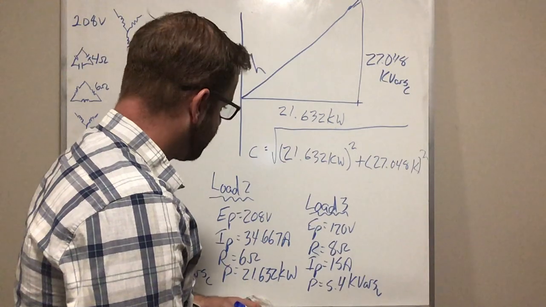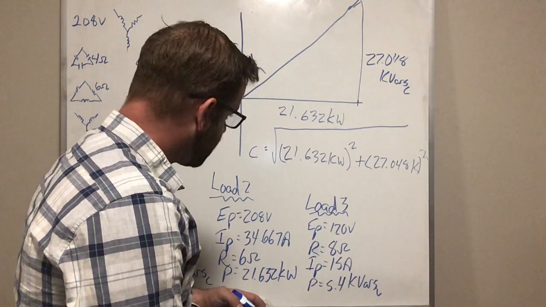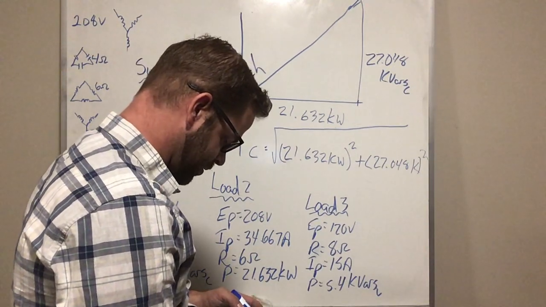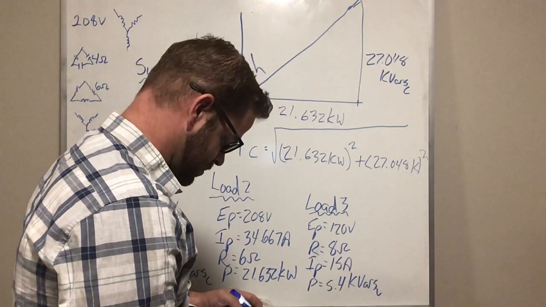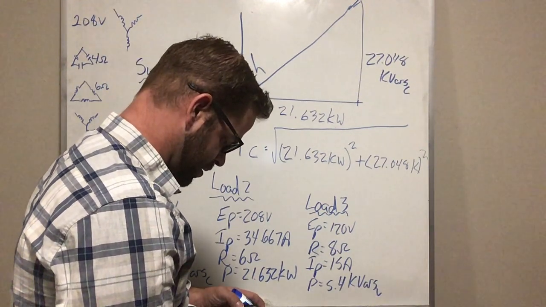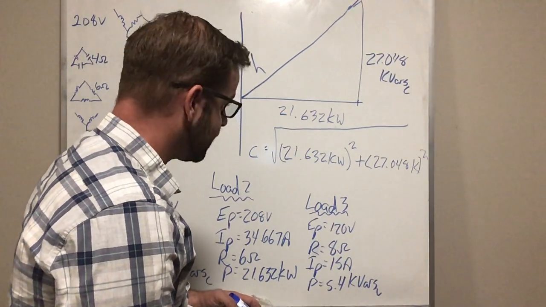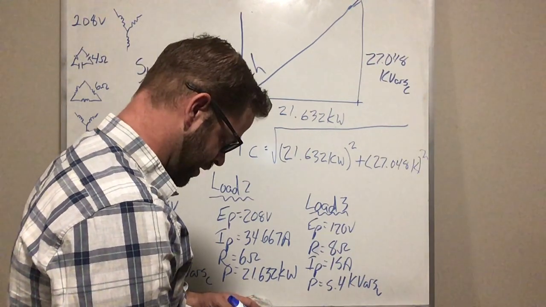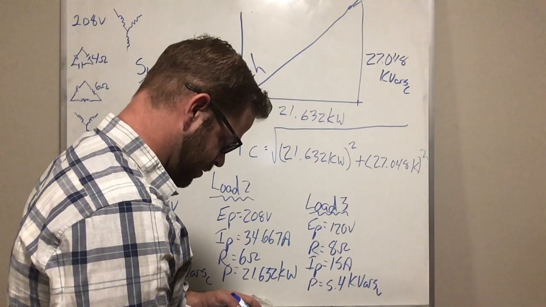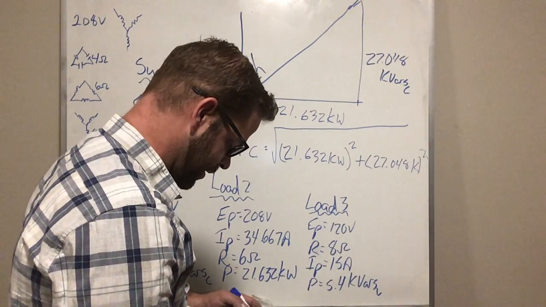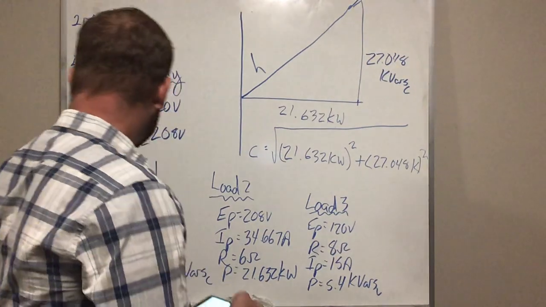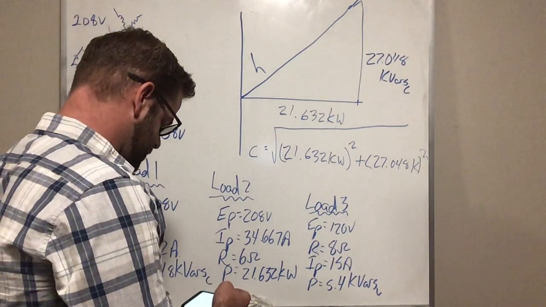we have 21,632 squared plus 27,048 squared, and then I'm just going to write this down.